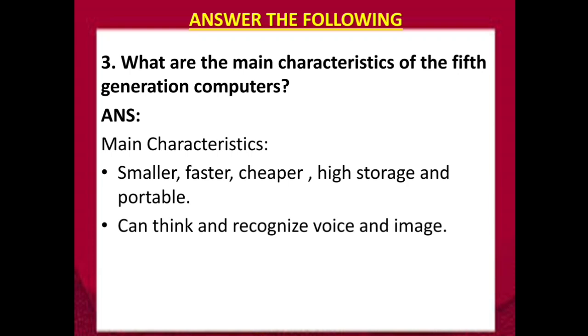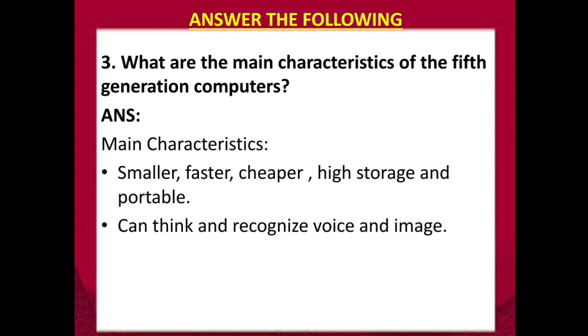It can think and recognize voice and image. So it will recognize our voice and our image. For example, in biometrics the face will be recognized in offices, and in a mobile you give your thumb for scanning to open the device.